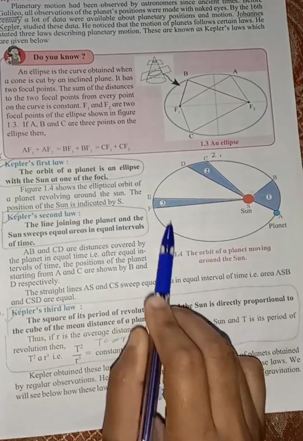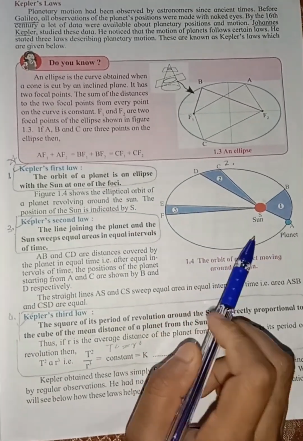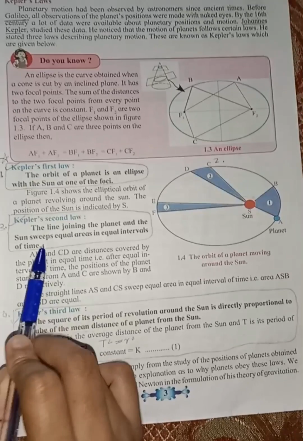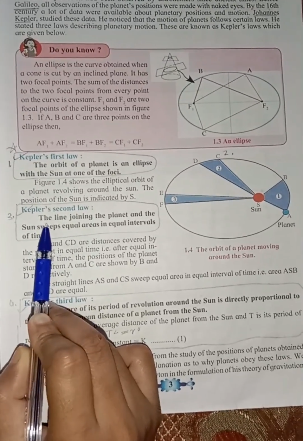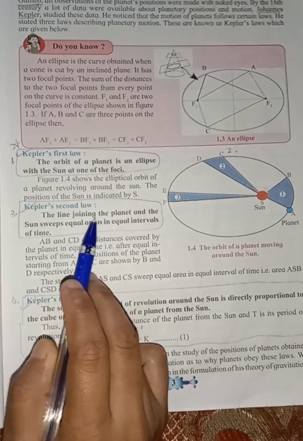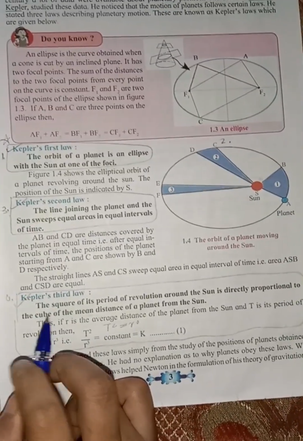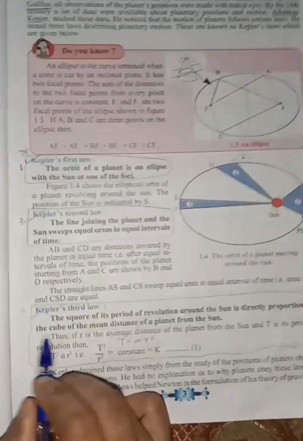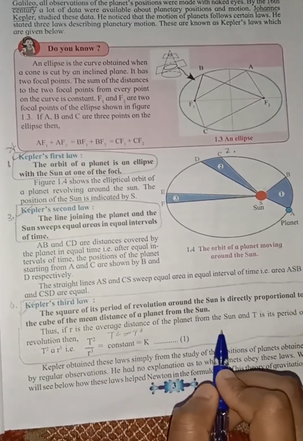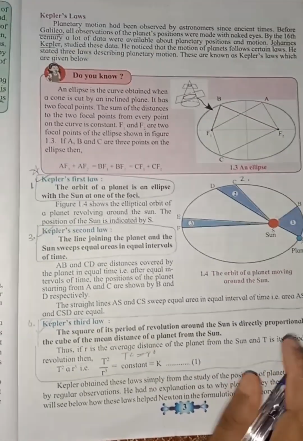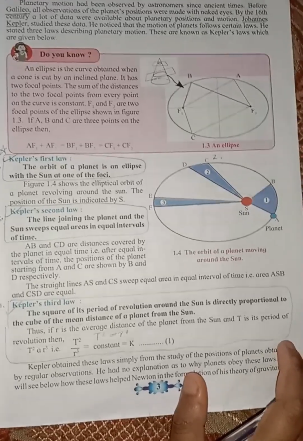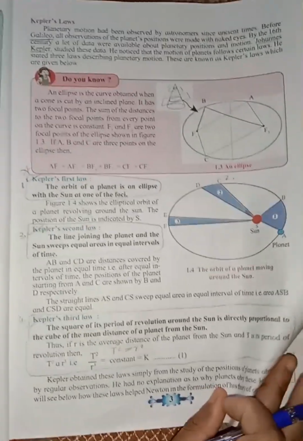Then secondly, we have to draw this diagram, and then we can write the second law of Kepler, that is the line joining the planet and the sun sweeps equal areas in equal intervals of time. Then we have to write Kepler's third law, which I have boxed here. You can learn this much, it will be beneficial for you.